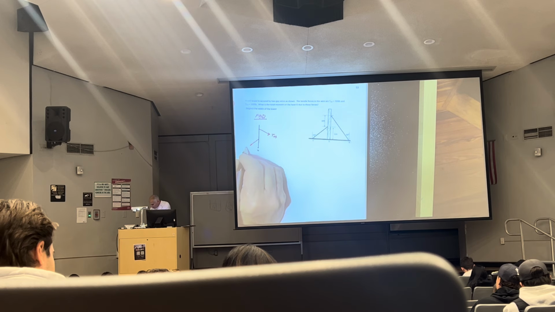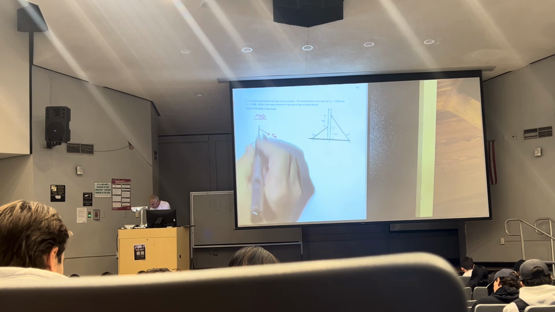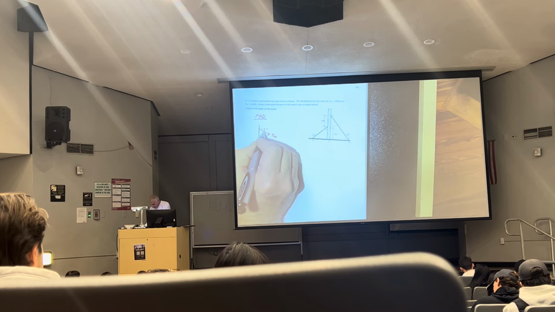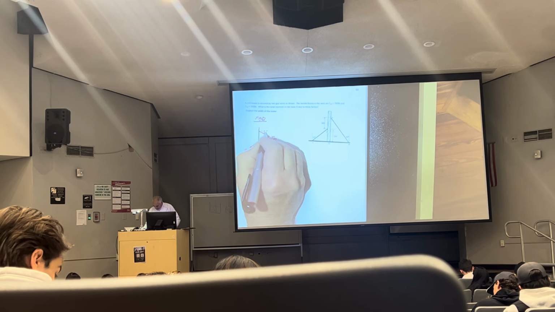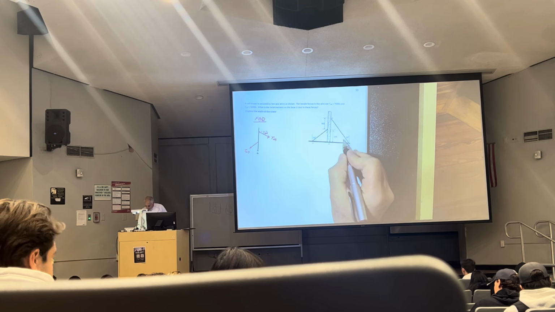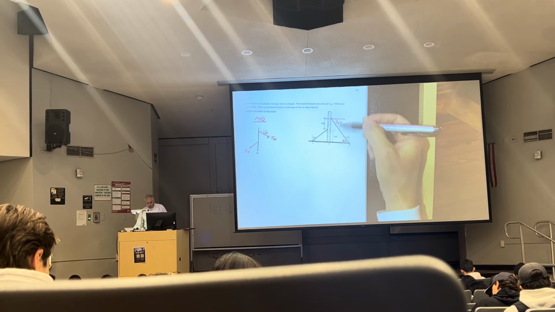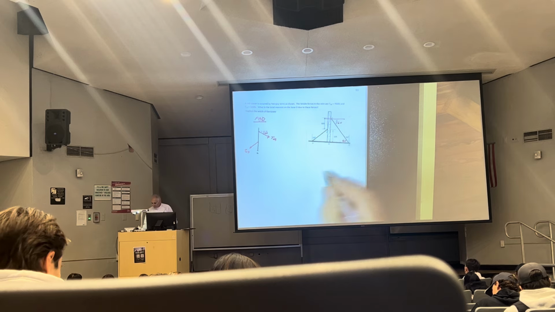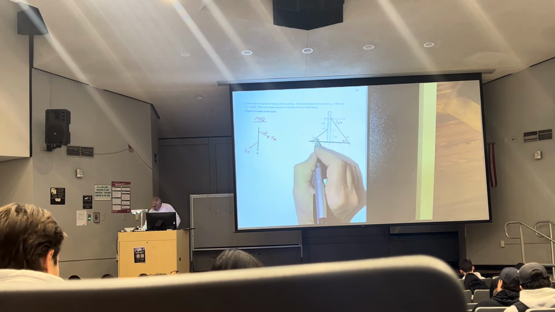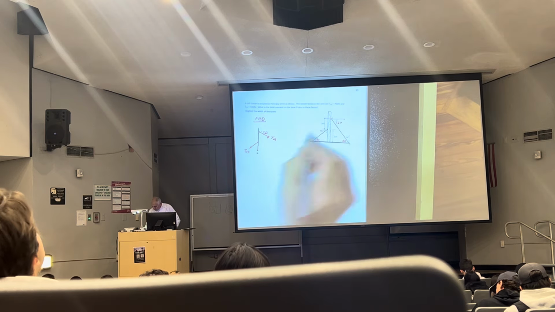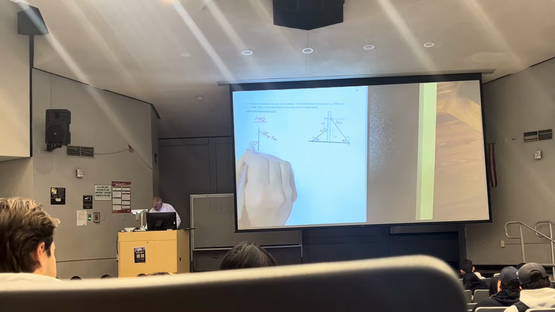I have this force here, which is TCD. This angle here is 60. Why? Because that's 60, which makes this 60, alternate interior angles. This is 70. That has to be 70, so I draw a line here. That's 70.